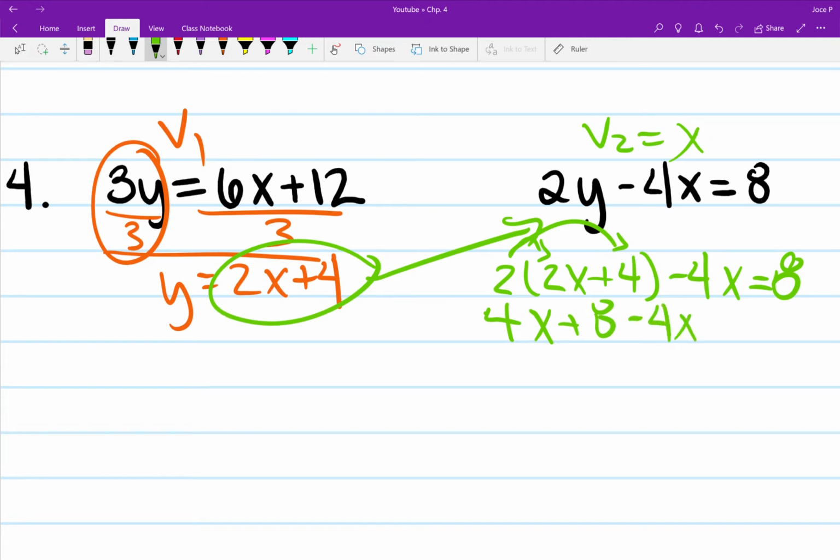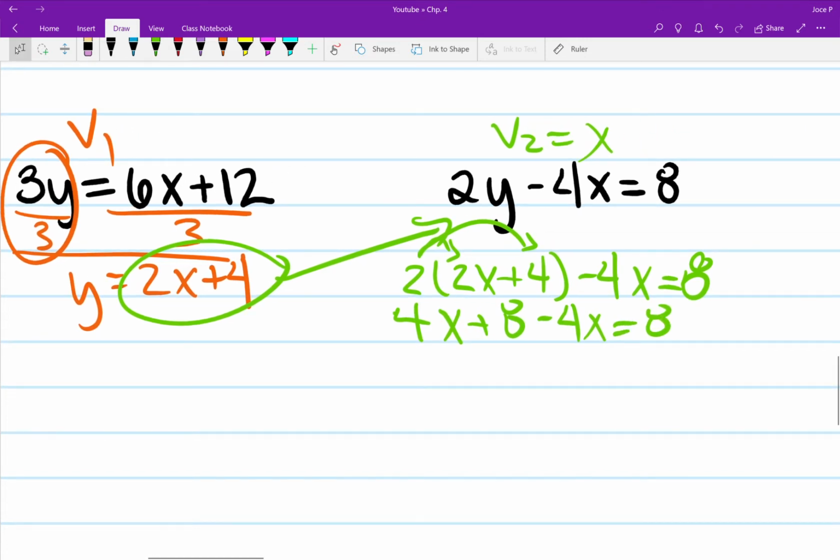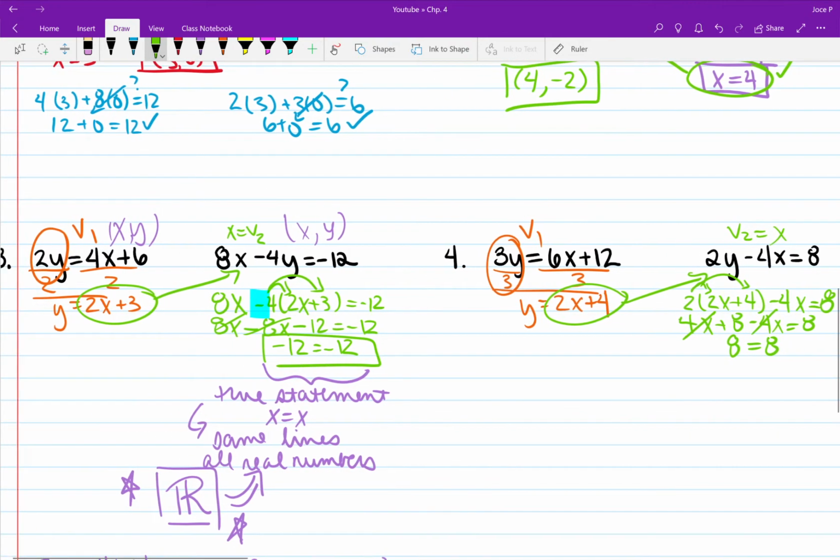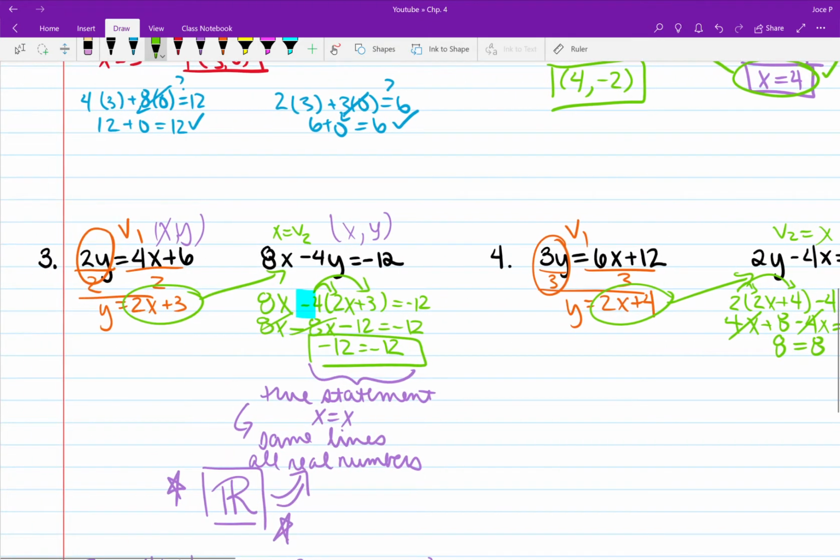Did I do this correctly? Hold on one second. 2 times 2x plus 4 minus 4x equals 8. Cool. So we get the solution again over here, that 8 equals 8, which means, once again, this is just a true statement.